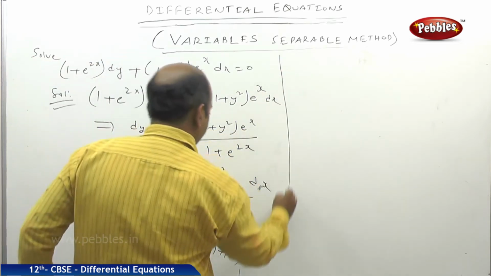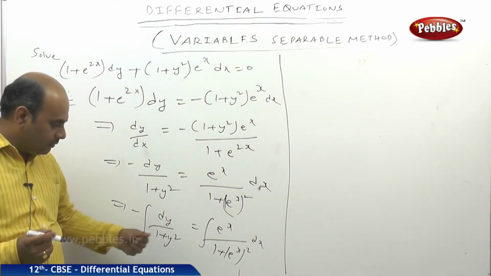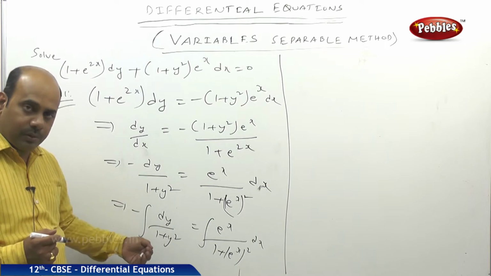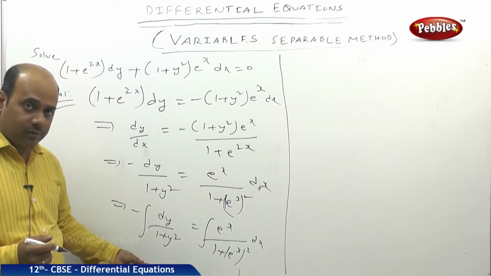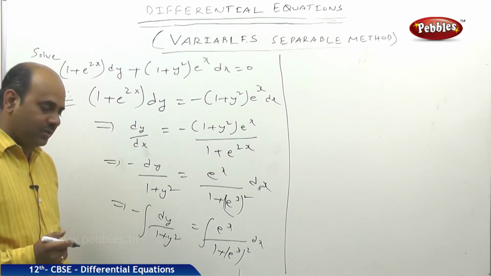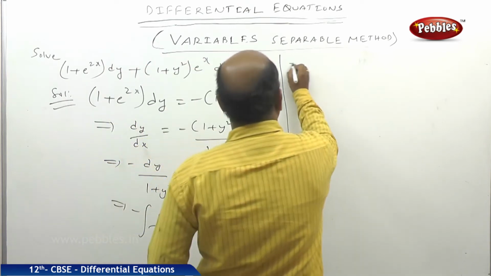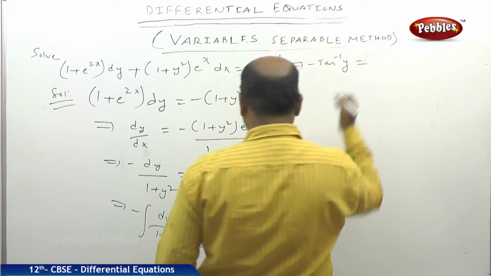Now if you observe carefully, dy by 1 + y² is nothing but integral of dx by 1 + x², it is looking like that only. So this is nothing but tan inverse y. As minus is there, so the left hand side I can write as minus tan inverse y.